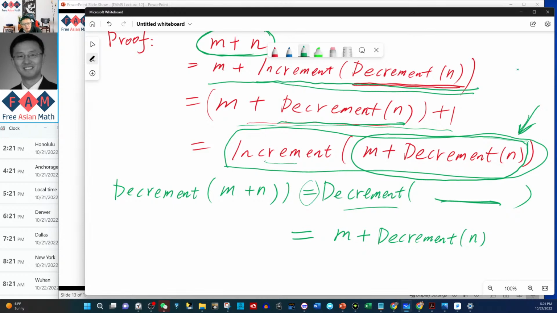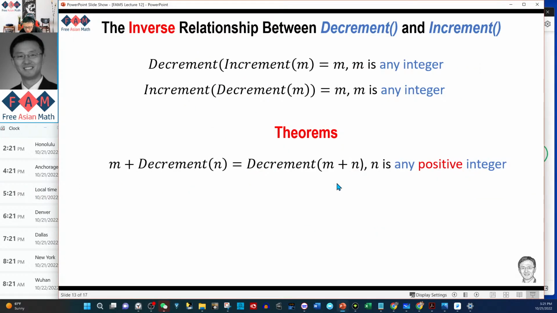Looks like I'm ridiculously insane doing all those to just manipulate all those algebraic relationships, but that's exactly what math is about. We are not doing nothing. We are doing something really significant. We just arrived at this relationship. And look, what is this? This is exactly what we want to prove. We just swap the left-hand side with the right-hand side.